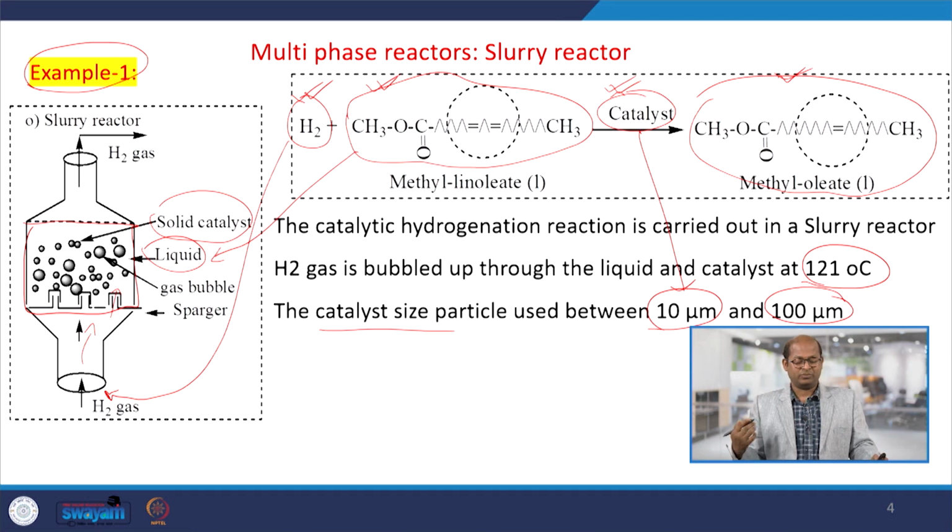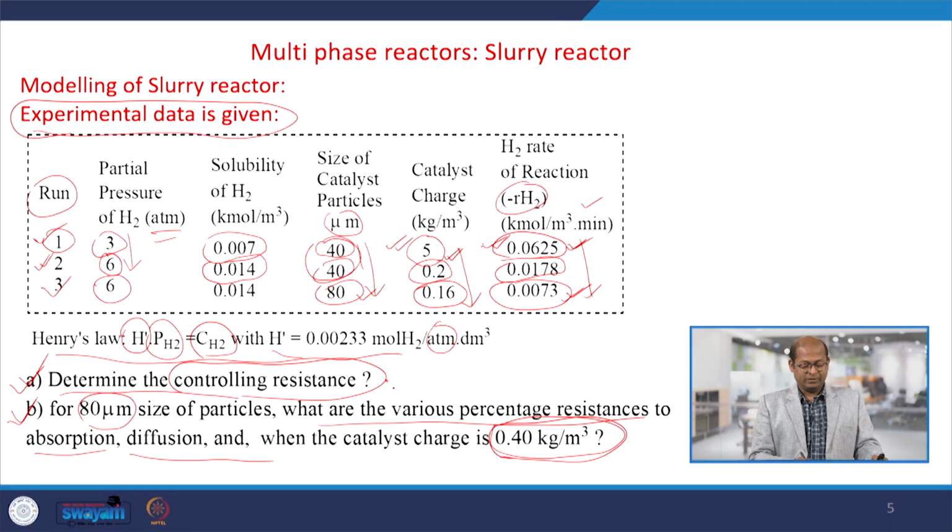First we can find out the resistance and what percentage it is, from the slope and intercept, and after that, by using other correlations or the data that is available, we can easily find out the controlling resistance and what percentage each resistance plays in controlling the reaction, that is, multiphase reactions in a slurry reactor. Okay. I think it is clear now. So, the theory we discussed in a previous class, and from these two numerical problems, the overall system is very clear for us.